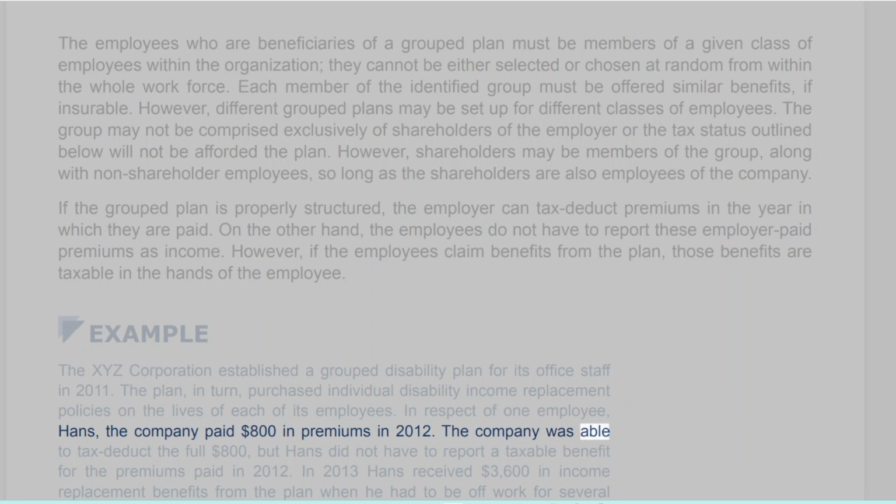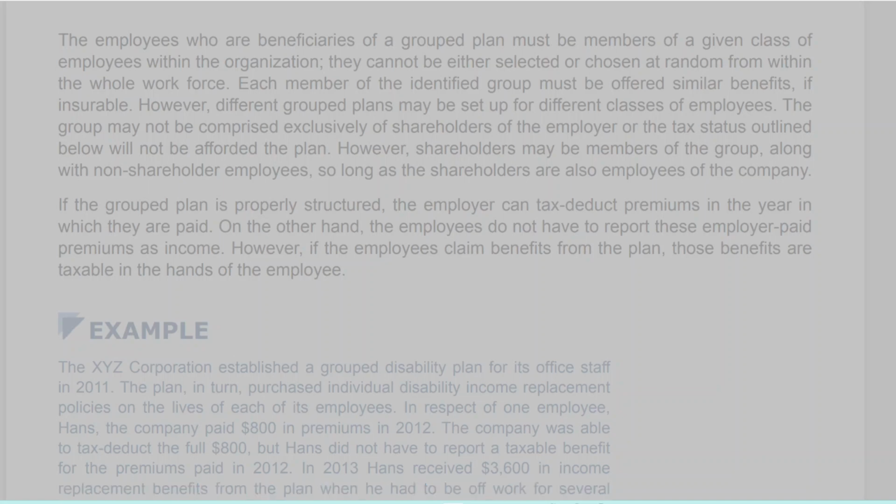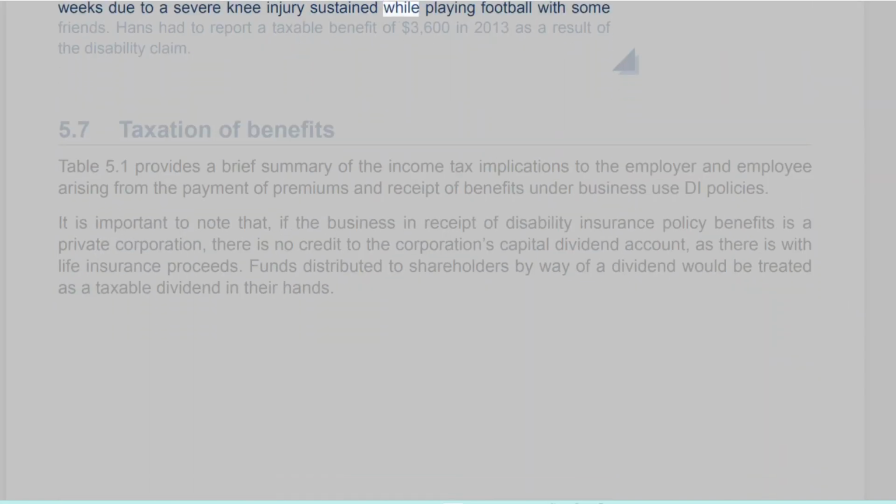The company was able to tax deduct the full $800, but Hans did not have to report a taxable benefit for the premiums paid in 2012. In 2013, Hans received $3,600 in income replacement benefits from the plan when he had to be off work for several weeks due to a severe knee injury sustained while playing football with some friends. Hans had to report a taxable benefit of $3,600 in 2013 as a result of the disability claim.